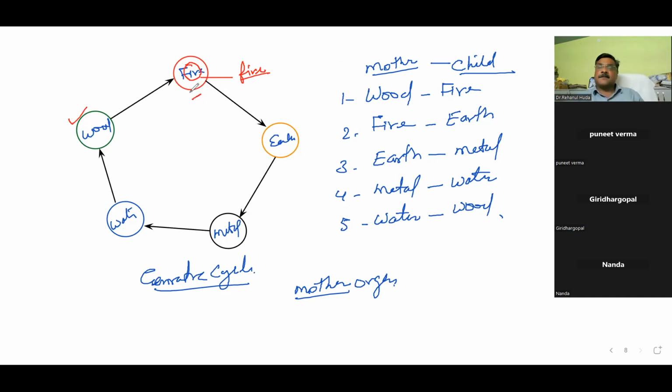If fire is less in your body, we should work on wood. So if there is a deficiency of any element, we should work on the mother element, because the mother is providing the energy to the child organ. If the child is in deficiency, we should treat the mother. And this cycle is called the generating cycle.